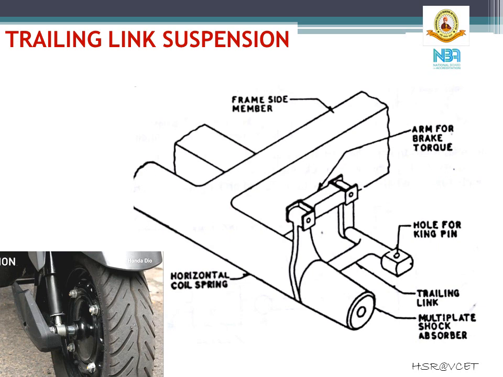The fourth type of independent suspension is trailing link suspension. As shown in the figure, in this type of suspension, a coil spring is attached to the trailing link, which itself is attached to the shaft carrying the wheel hub. When the wheel moves up and down, it winds and unwinds the spring.